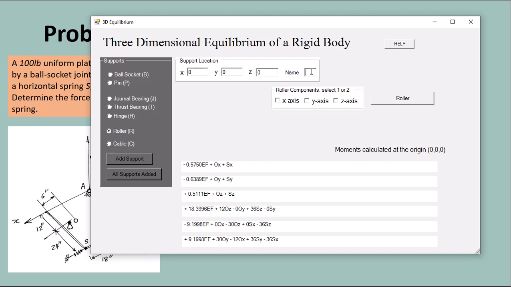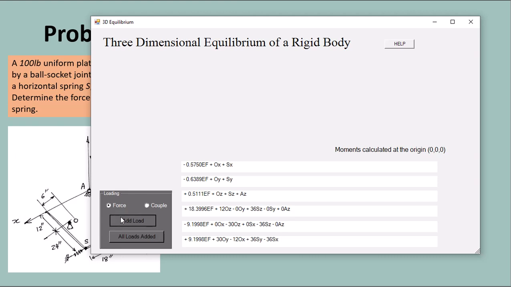The name of the roller is A. And the roller applies a force only along the z-axis. All the supports are added.